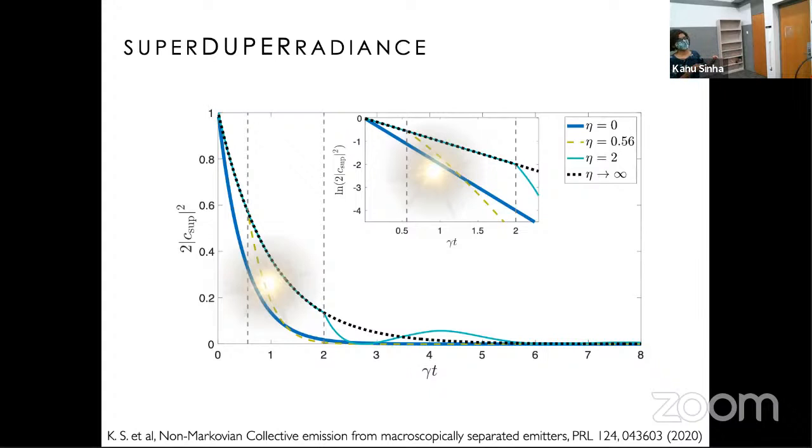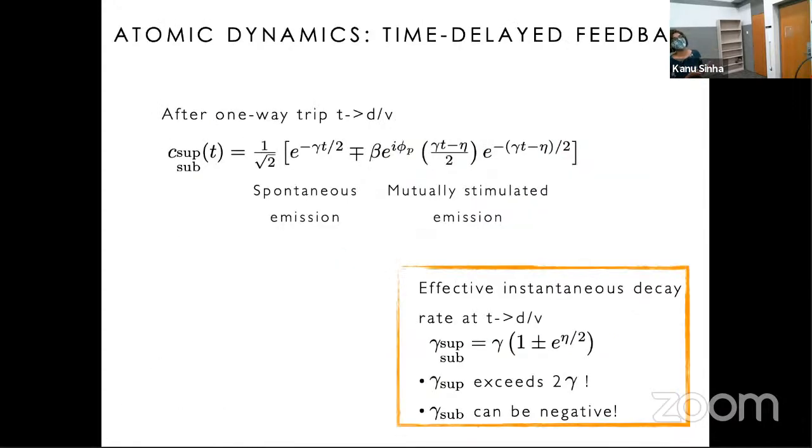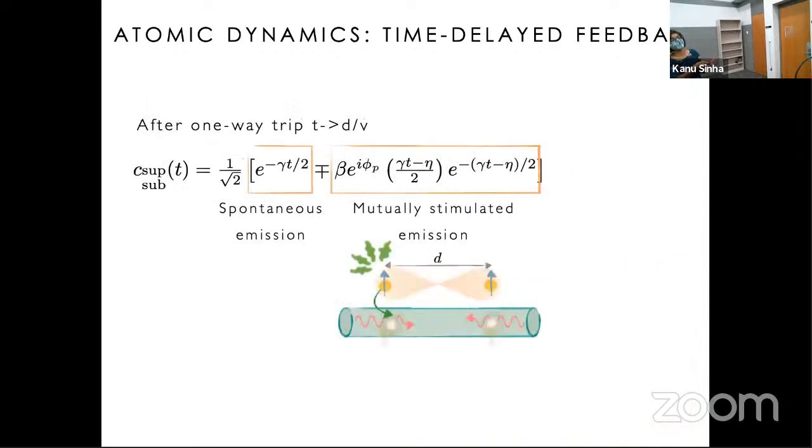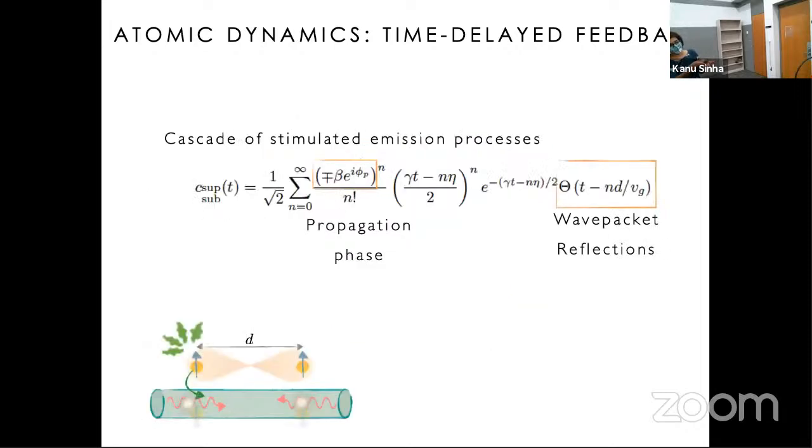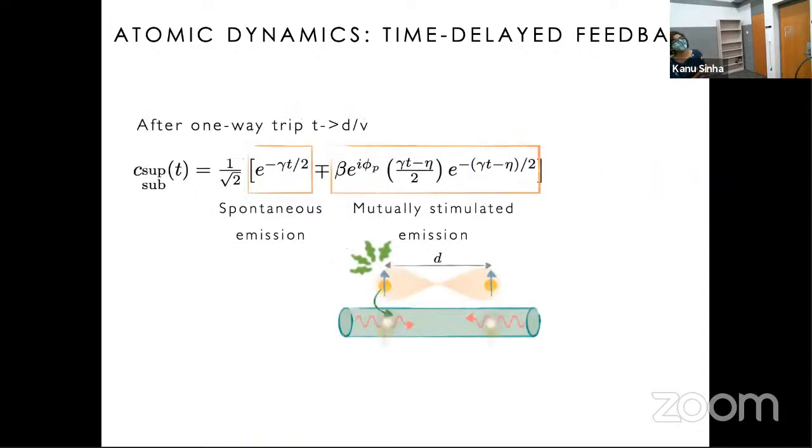Initially, though, what we can define at most is an instantaneous decay rate, and that's what I'm referring to as a gamma effective. But I agree that the decay profile is not just exponential, as we can see here. There's some modification at the first term itself, and if we go to the higher terms, there's an even more complicated behavior as the atoms see each other again and again.